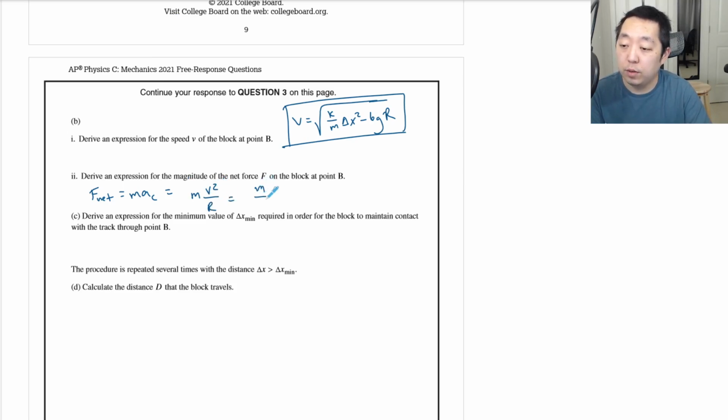So that's m over r times this whole thing squared, which gets rid of the square root. And if I distribute the m over r, it's going to be k over r delta x squared. And then the r cancels with that, so that's minus 6mg.